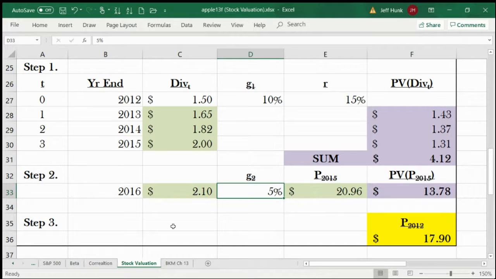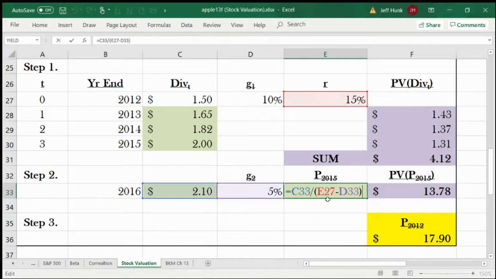To apply the Gordon growth model here, the time zero will be the end of 2015, right? For the second period, the slow growth, constant growth period, we know the growth rate, we know the required return. We can calculate the stock price as of the end of 2015, right? That's why I put it like this: price of the stock as of end of 2015.